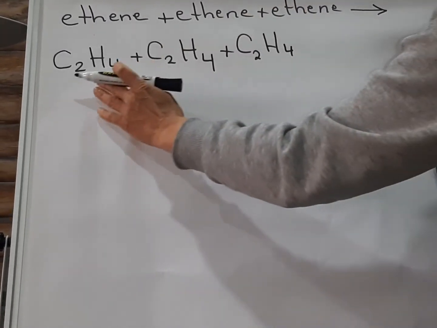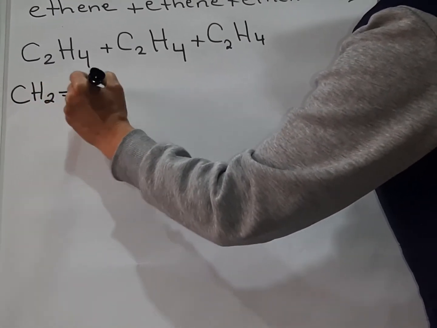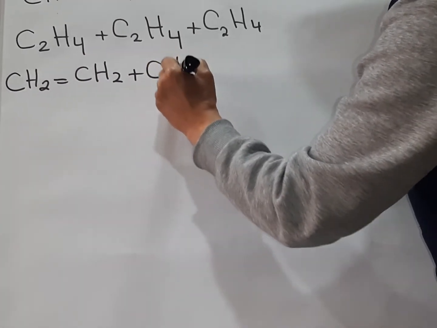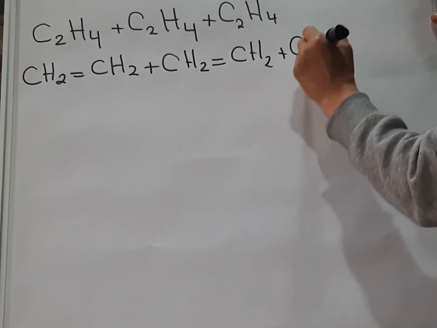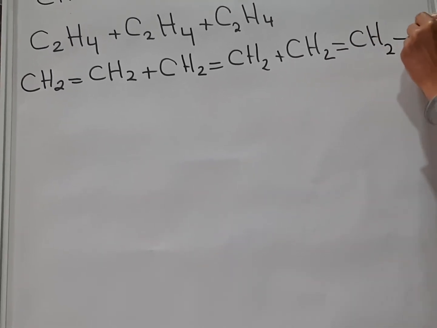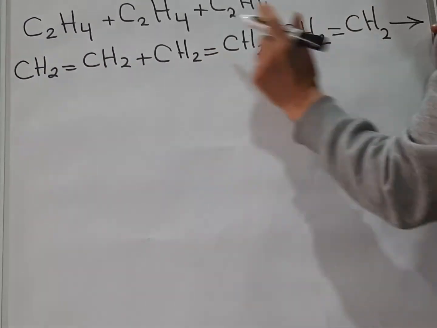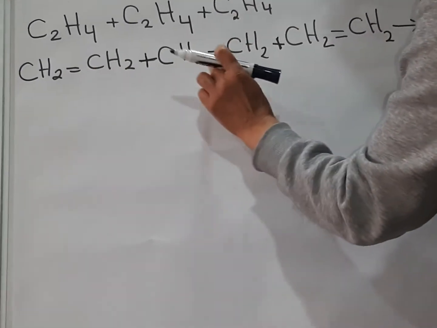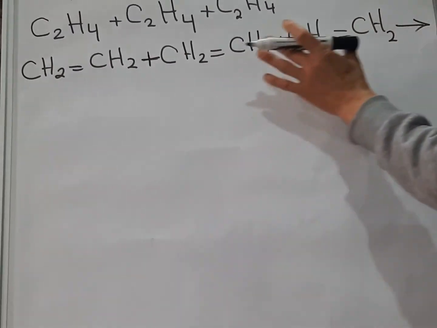Now, the condensed structural formula of ethene is CH2 double bond CH2 plus CH2 double bond CH2 plus CH2 double bond CH2. As we know, what separates the individual molecules is the plus sign. So here I have 3 molecules. I add ethene to ethene to ethene.